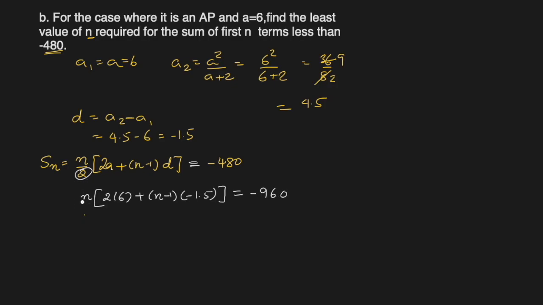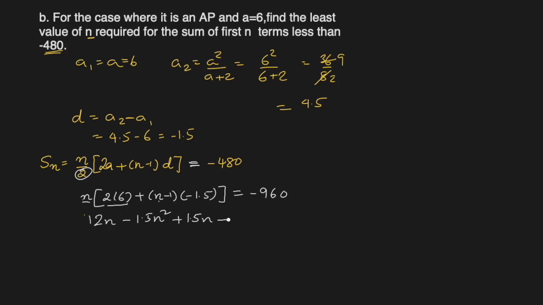Now we can multiply this. N multiplied by 12 is 12n. N multiplied by n is n square, but this is also multiplying with negative 1.5. So negative 1.5 n square. N multiplies with negative 1 is minus n, and multiplies with this becomes plus 1.5.